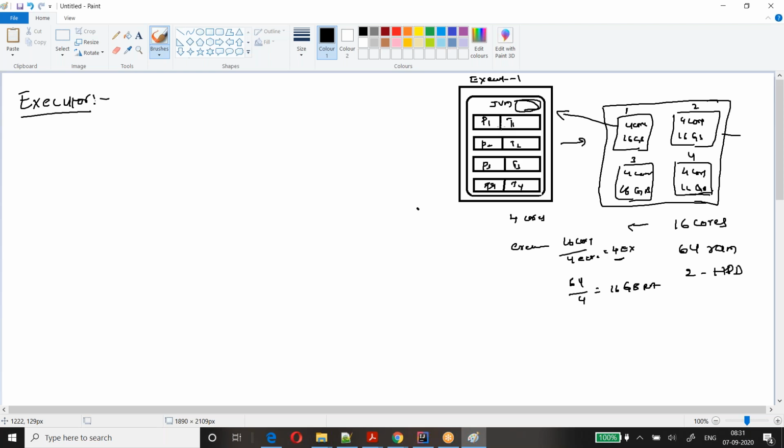Mainly it is categorized into four parts, but actually before those four parts, there are two parts. One is called memory overhead, and the other one is Spark memory.